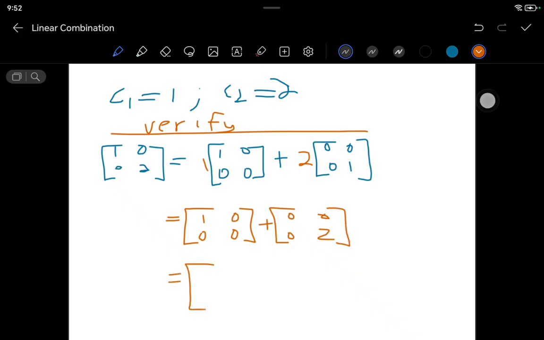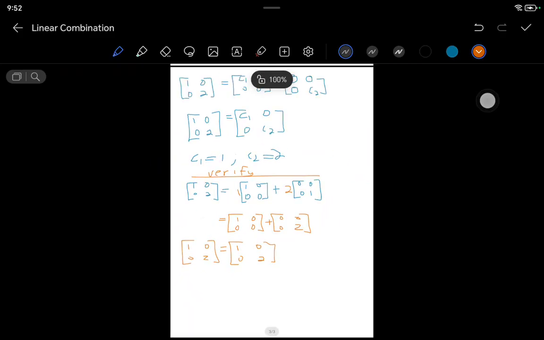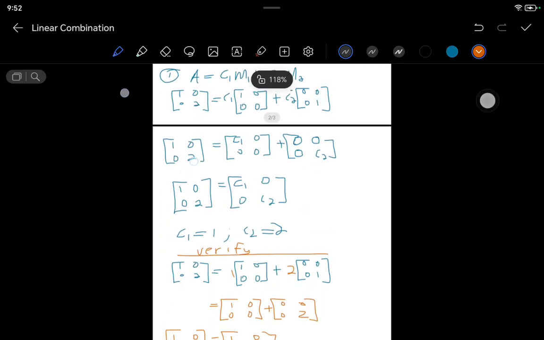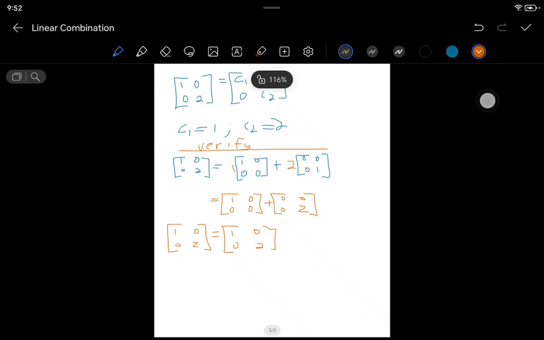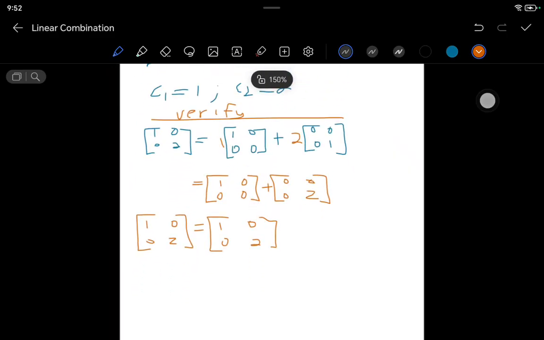And this will be equal to 1, 0, 0, 2, which is equal to this. So if we see that this is the case, we can now say that hence A is in the span of M1, M2. You see that.